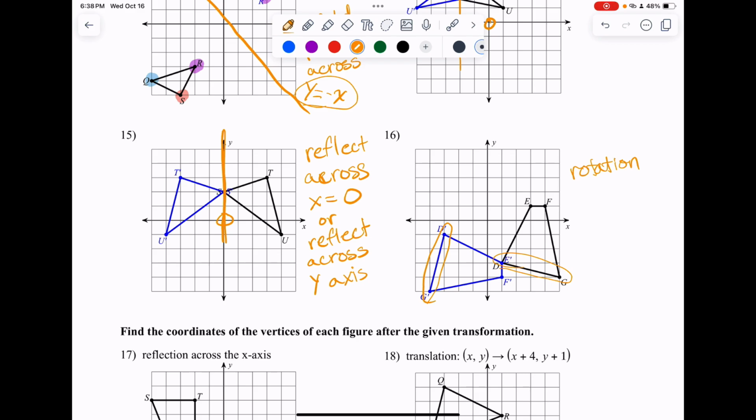So the only way we go from one corner to another is from a quarter turn, not a half turn. We're not going across 2 of these quarter panels. We're only going across 1. So that's a rotation of 90 degrees. Now the direction we would say is clockwise. It's the same as a clock.